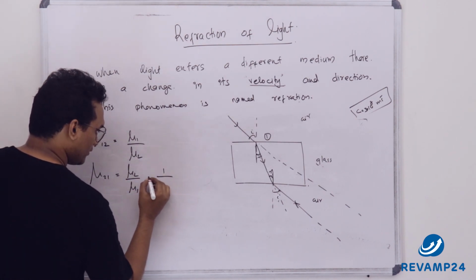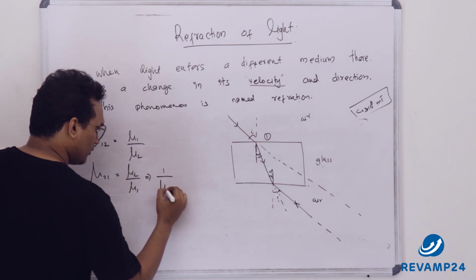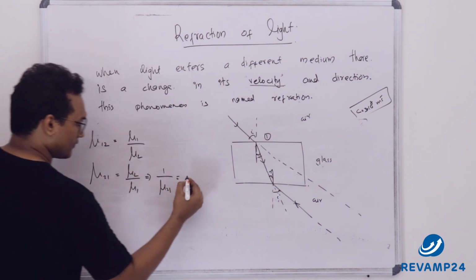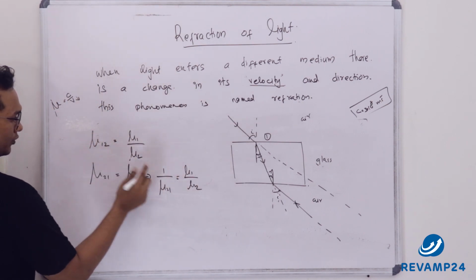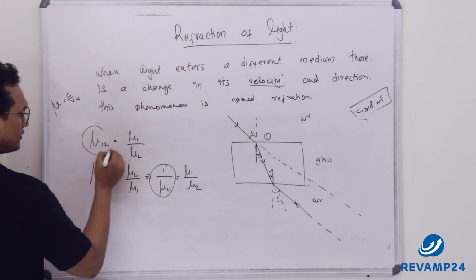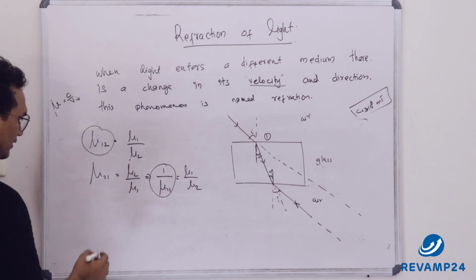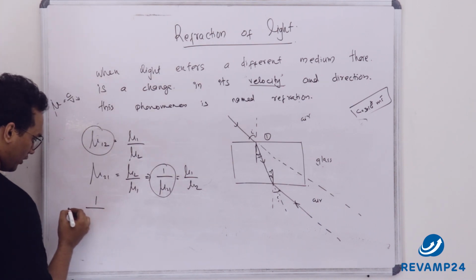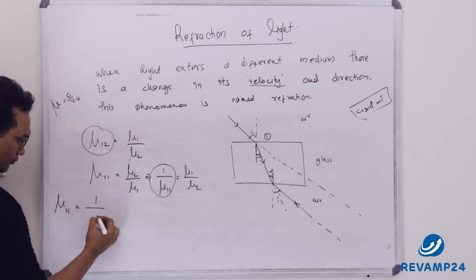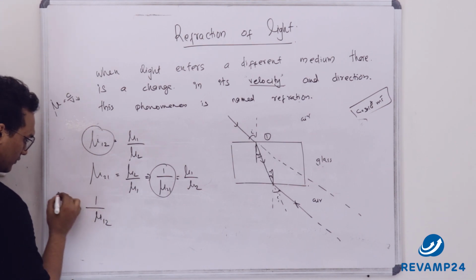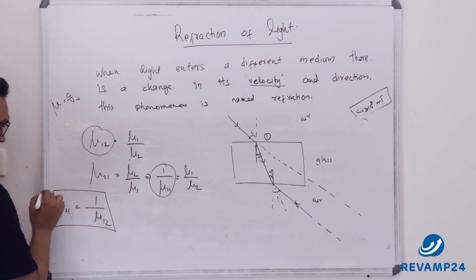This implies that 1 by mu21 is equal to the inverse of this, mu1 divided by mu2, so this value is equal to this value. So first thing, 1 by mu21 is equal to mu12. A very, very important relation this one is.